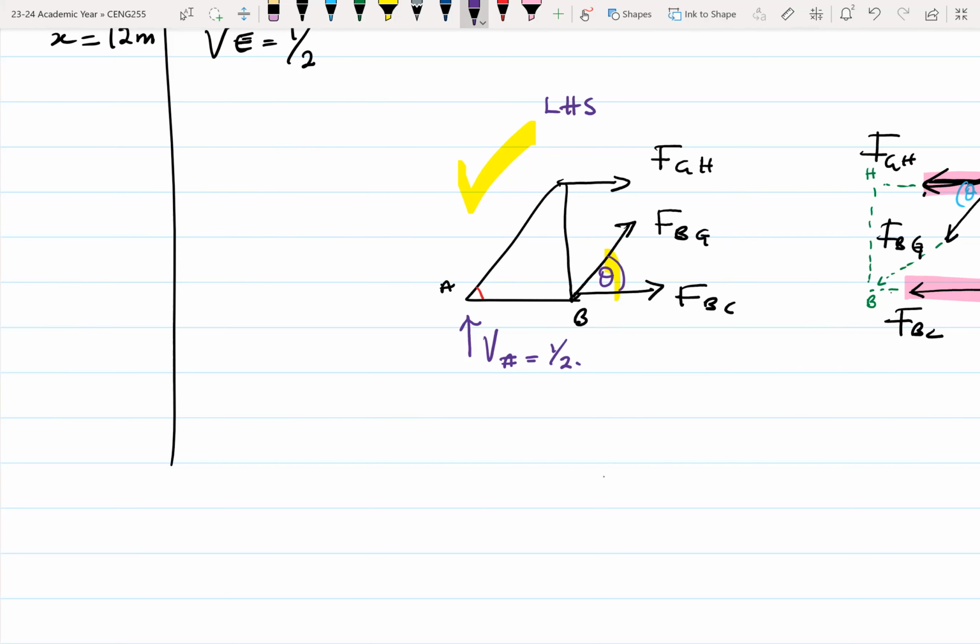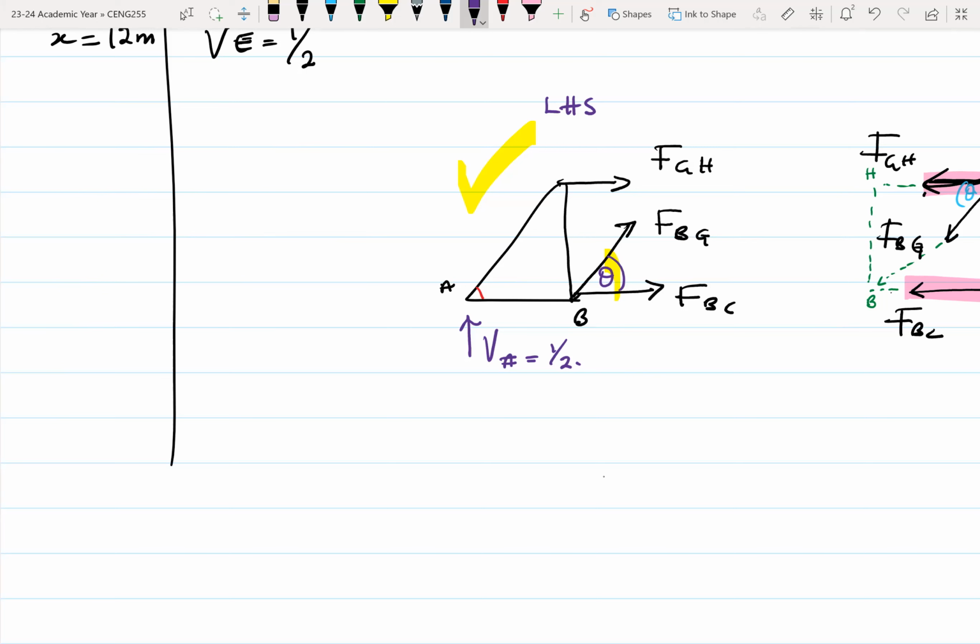Once your reactions act upwards, if you get a positive value, then it means that the direction you chose for your reaction is the same direction that the answer is in. But if you get a negative answer for your reaction, which you see sometimes, then it simply means that the answer is in the opposite direction to the direction you assumed, and that's all there is to it.